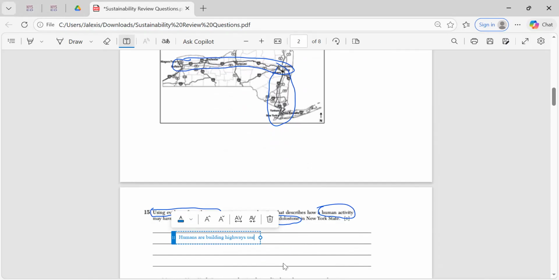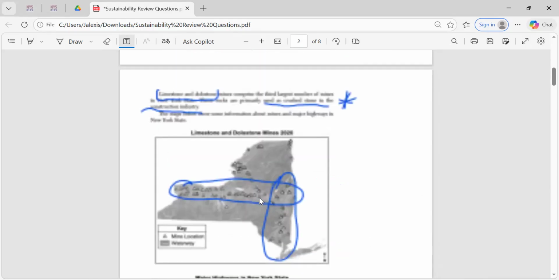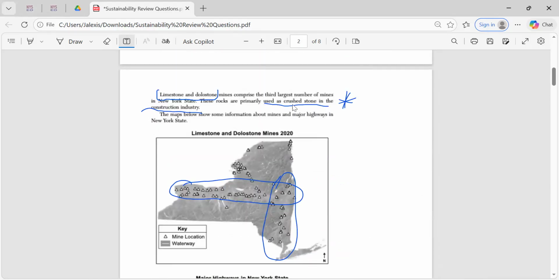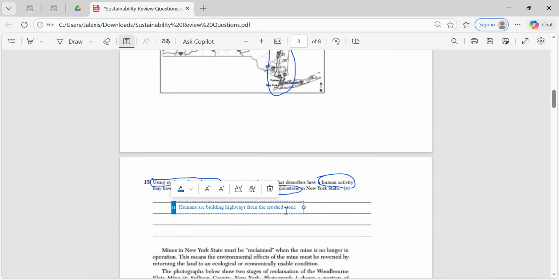Humans are building highways from the crushed stone that is produced from limestone and dolostone.